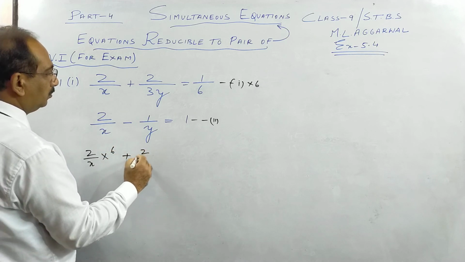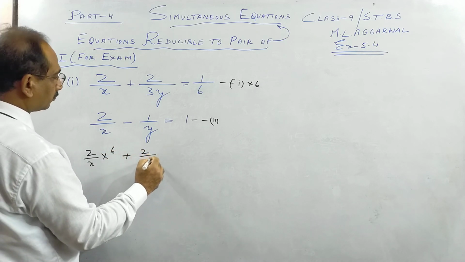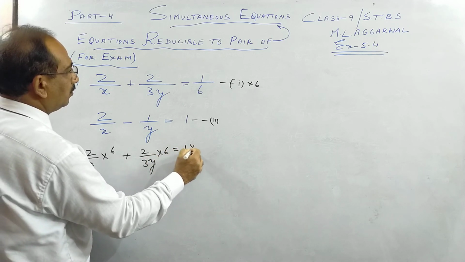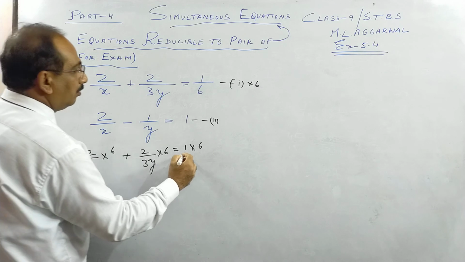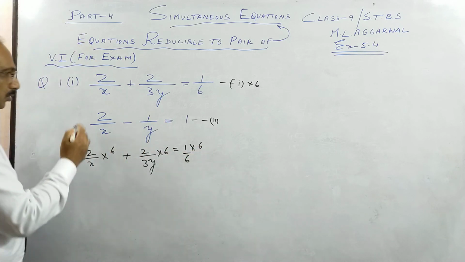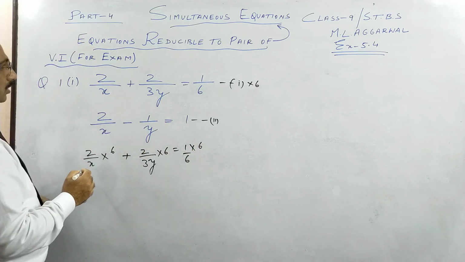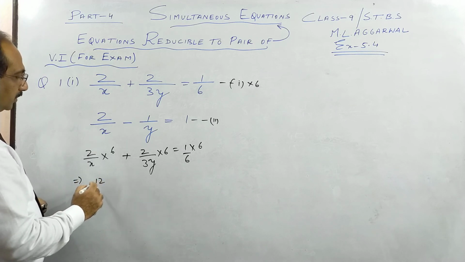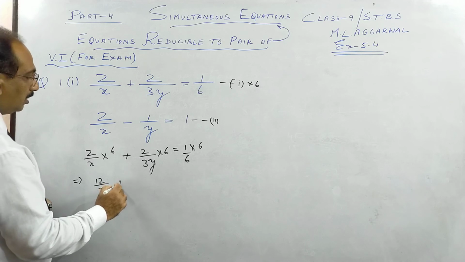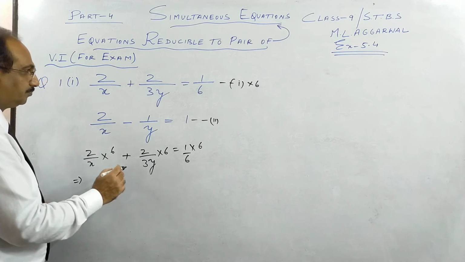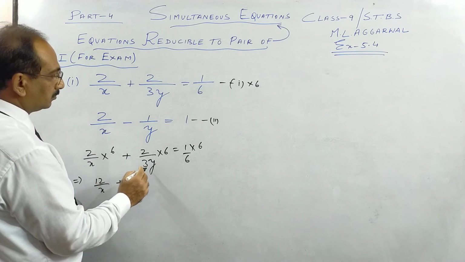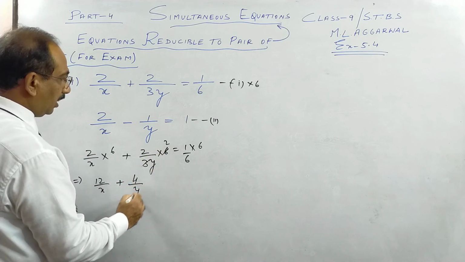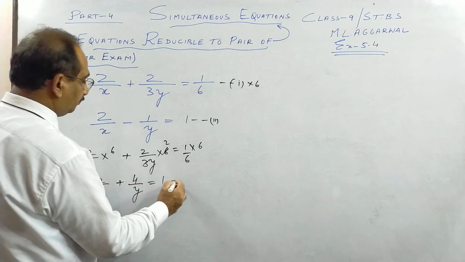Both sides you multiply, so each term I multiply by 6. Here 1 upon 6 into 6. So here we get 12 by x, and here this goes 2 times, so 4 by y is equal to 1.